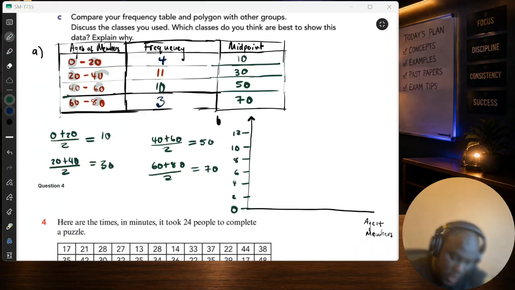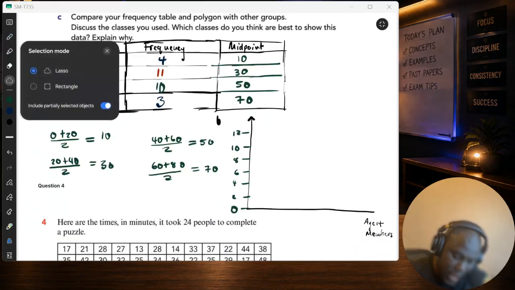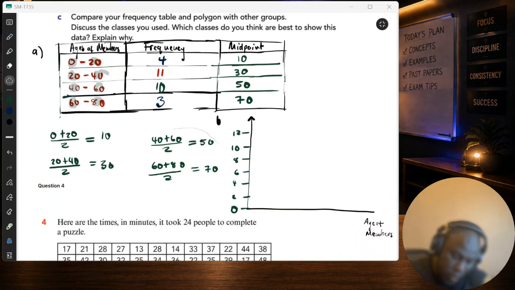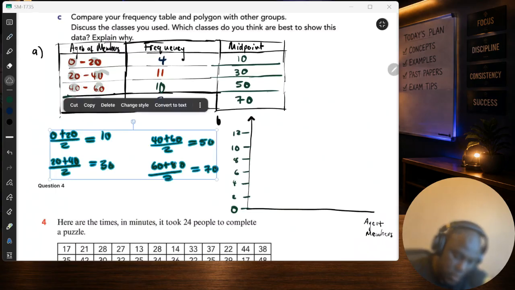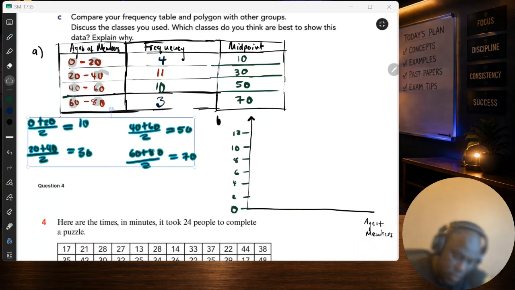Let me move this to create space for it. Remember to call this side frequency, students.